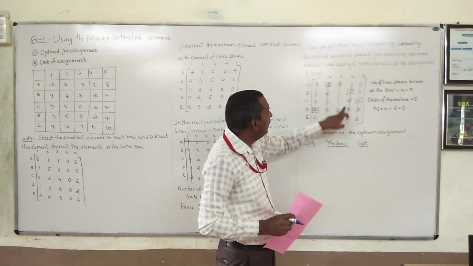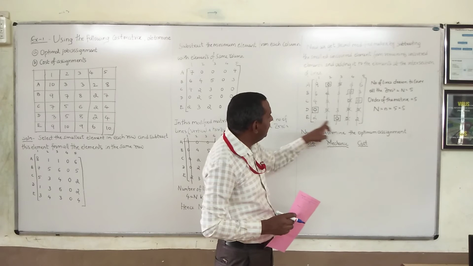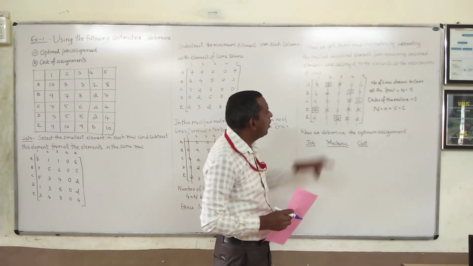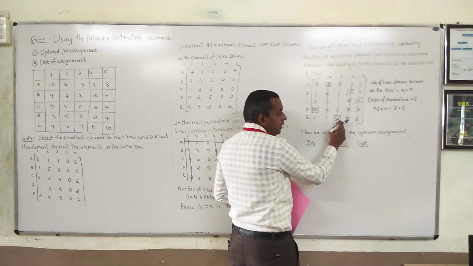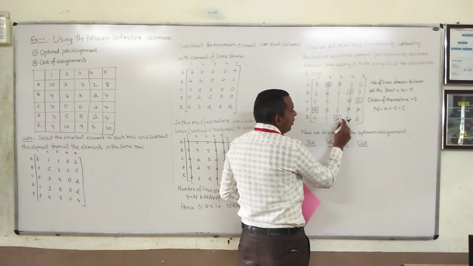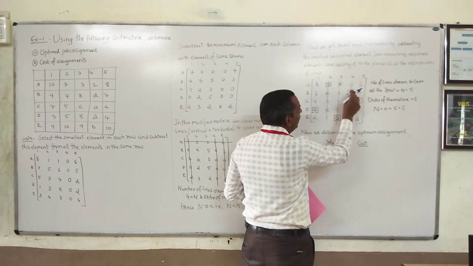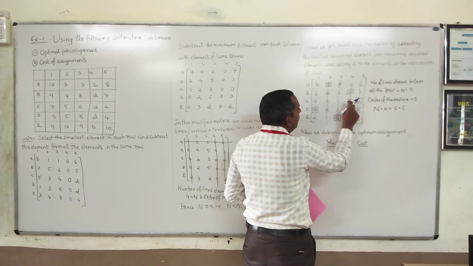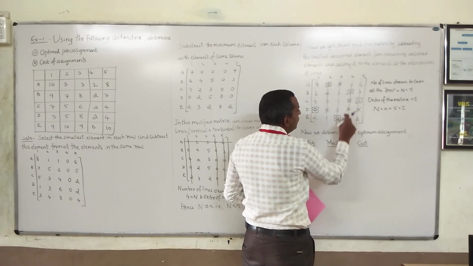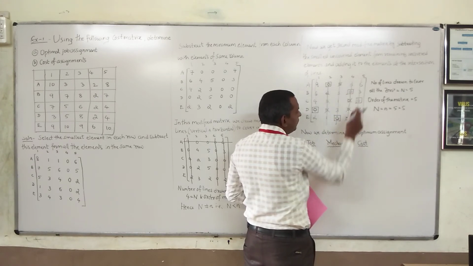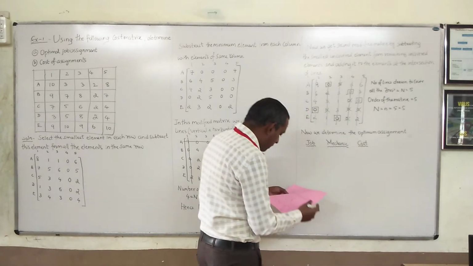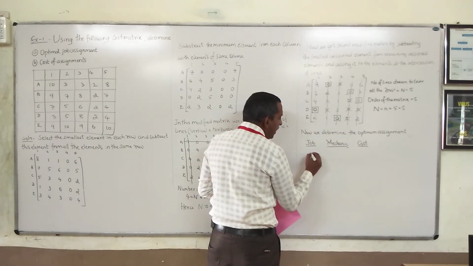So this here is the only one remaining in this row and in this column. So I have squared here, so the remaining is crossed. Coming to the next, it is the only remaining, because this is also crossed. So I will choose this one. Next, this one. So let me do the job assignment.